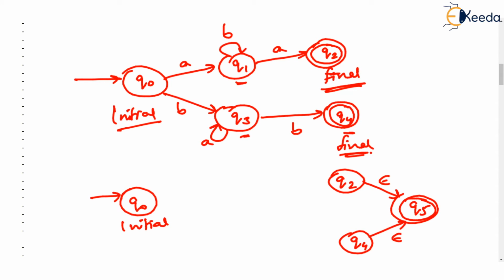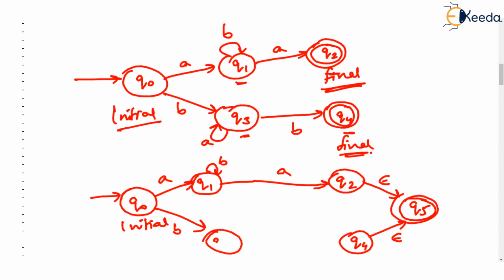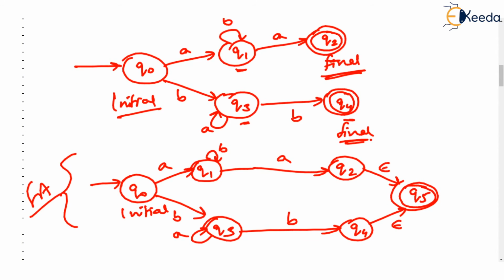Except for this, all other transitions remain the same, as you can see in the FA drawn above. So this is the new FA after pre-processing, and we will now use the state elimination method to find the required regular expression.